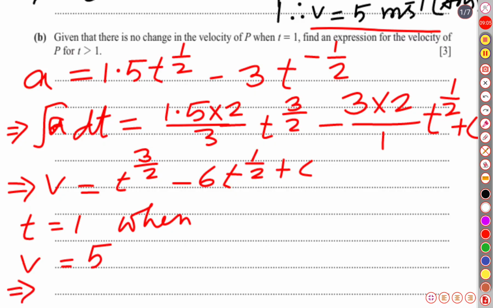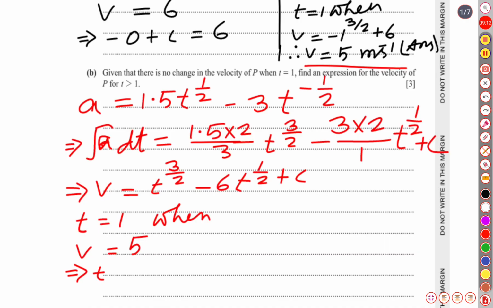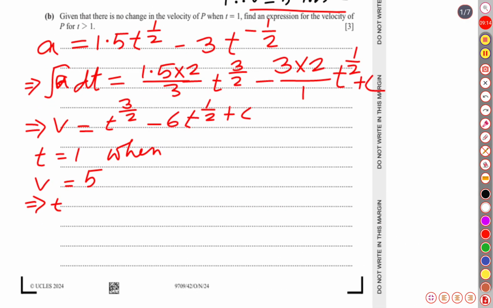What are the values? It is t^(3/2) minus 6 t^(1/2) plus c.